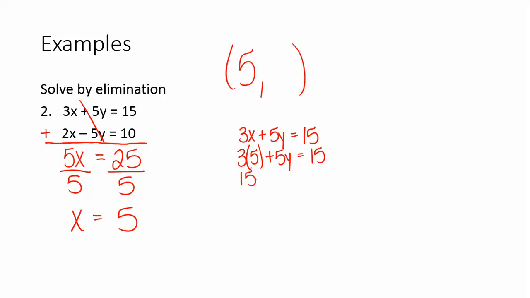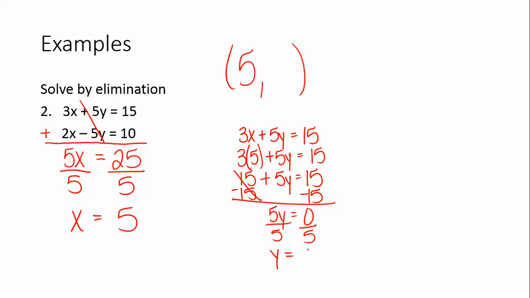So I get 15. Now we subtract 15 from both sides, just like you would solve any other equation for the variable. We get 5y equals 0. Divide both sides by 5, and we get y equals 0. Remember, 0 divided by anything is 0.